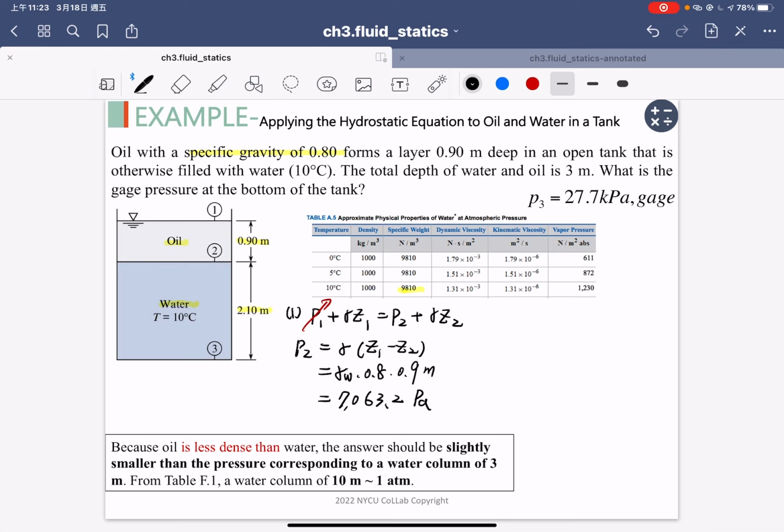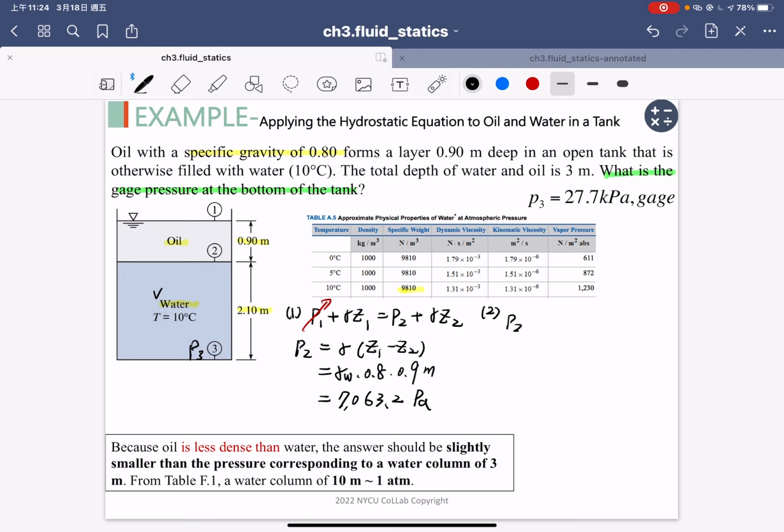But the question is, what is the gauge pressure at the bottom? The question we would like to answer is P3. Because of P2, we can make the balance between P2 and P3, again because they are located in the same liquid.